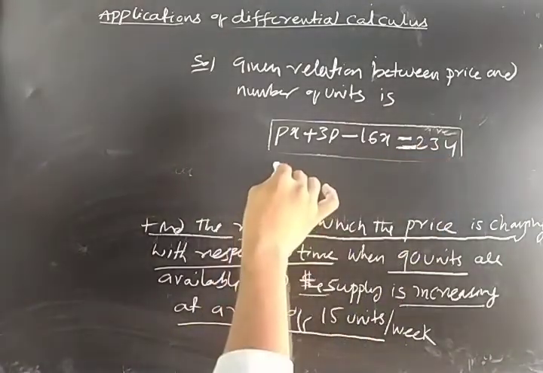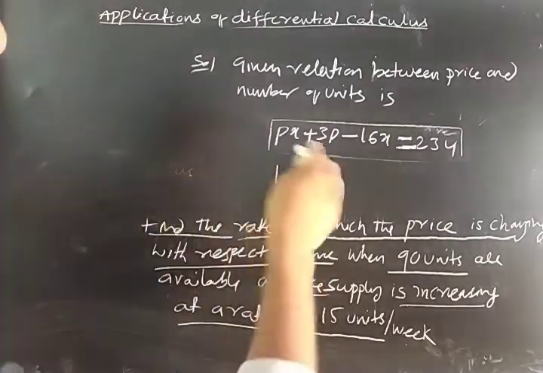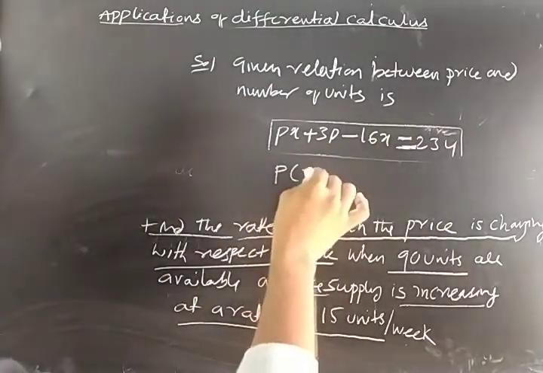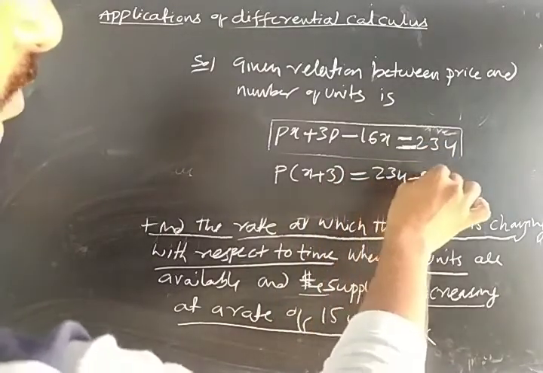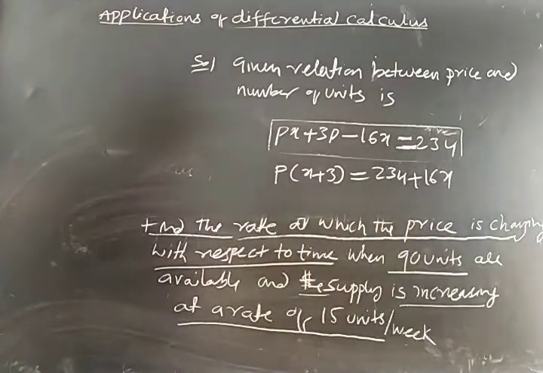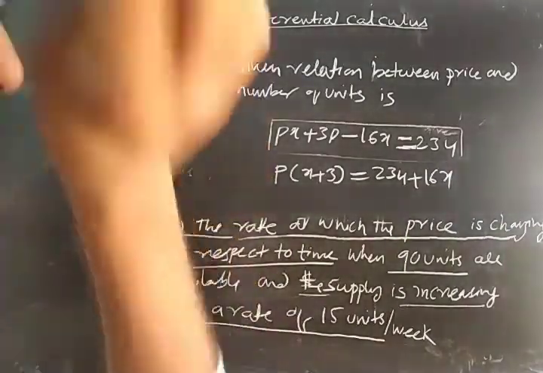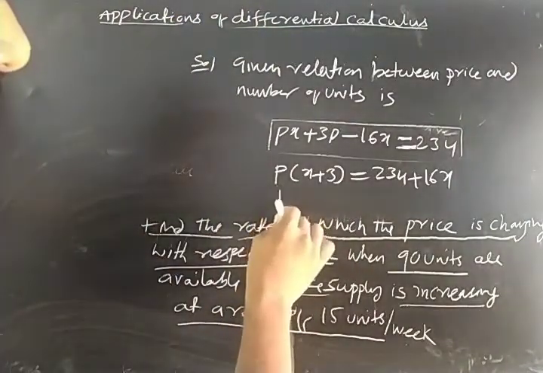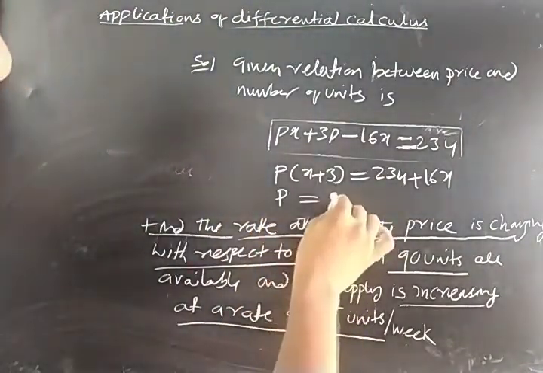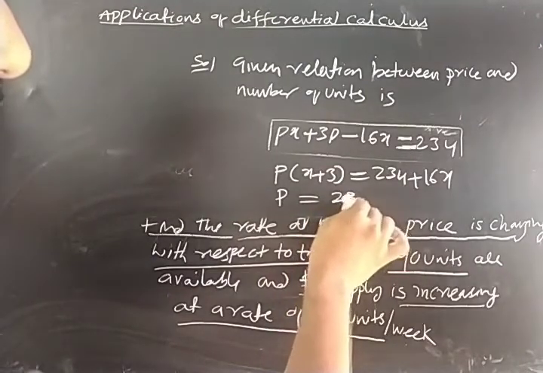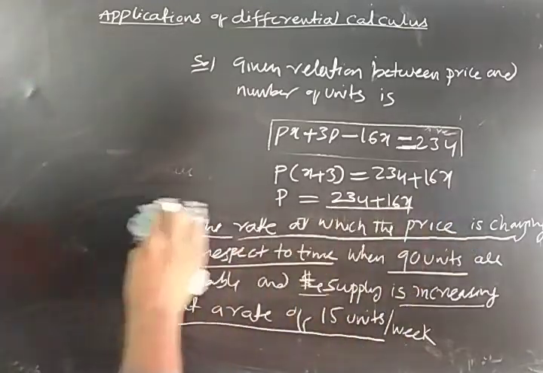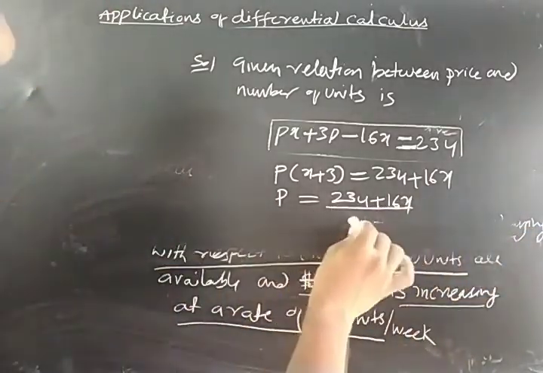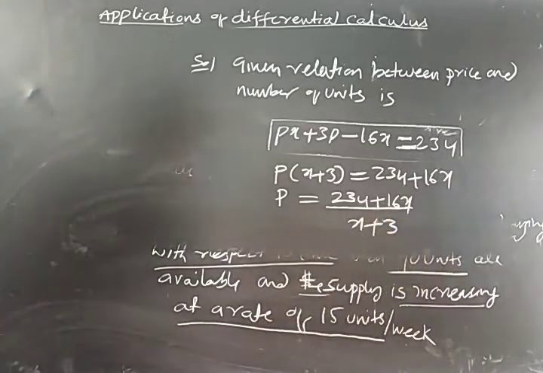From this I am taking P common, so you will get P times x plus 3. 16x I am sending to the right hand side, 234 plus 16x. So P equal to 234 plus 16x by x plus 3. So I express price.